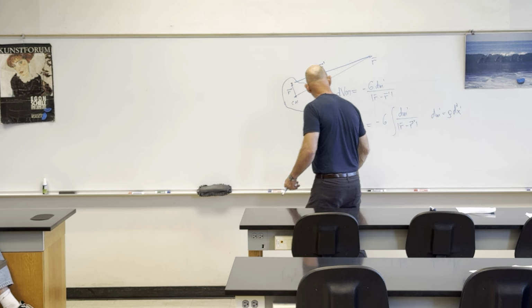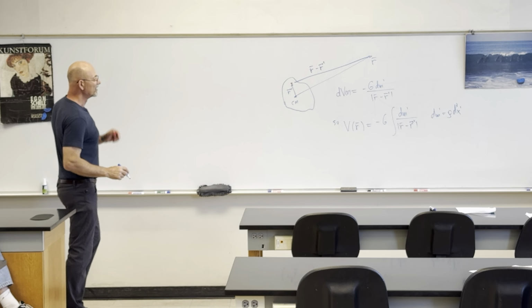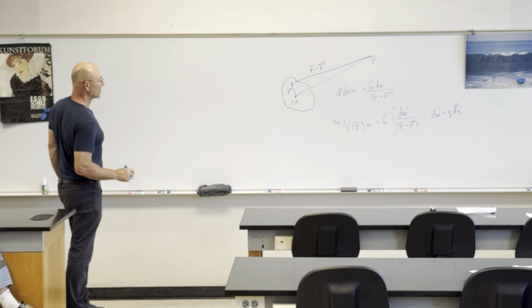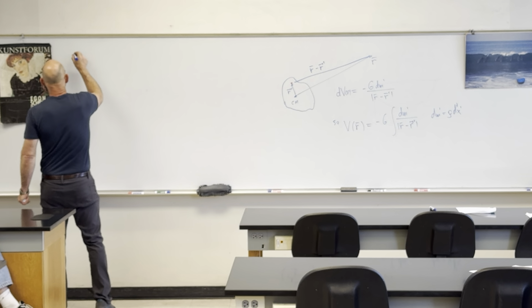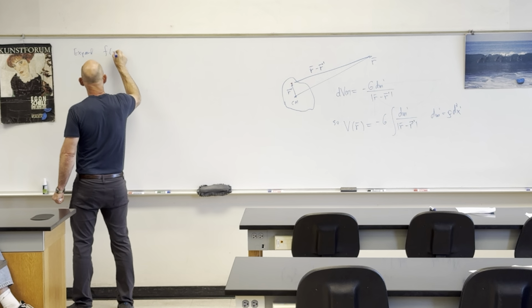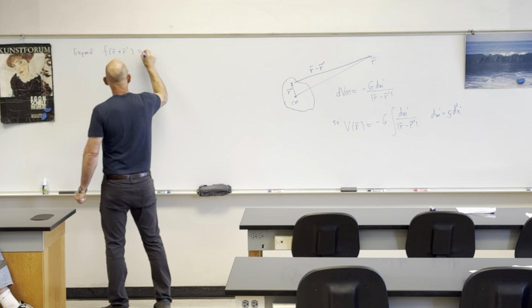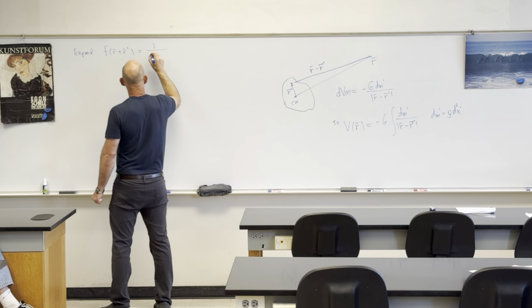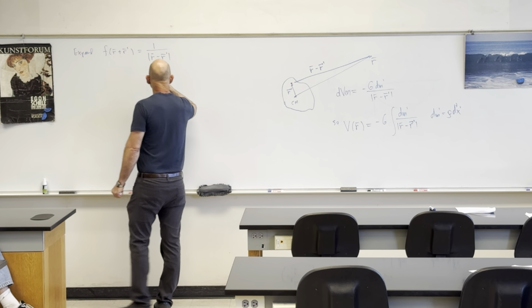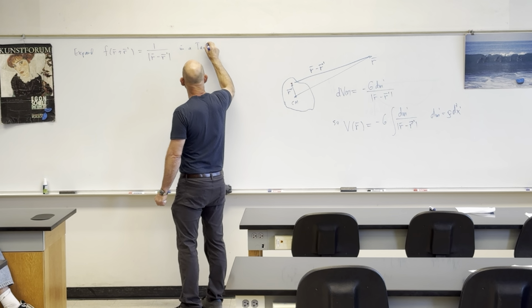This is a calculation that's more commonly done in electricity and magnetism, but it's very useful in gravity as well. Okay, so what we're going to do is expand f of r plus r prime equals 1 over r minus r prime in a Taylor series.